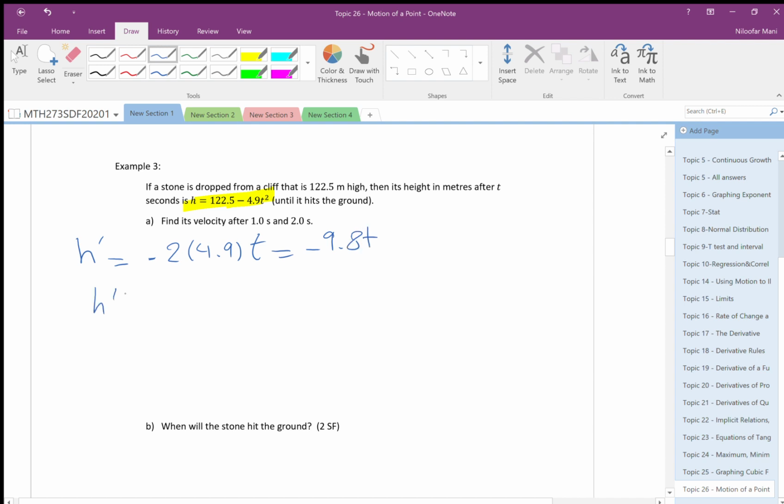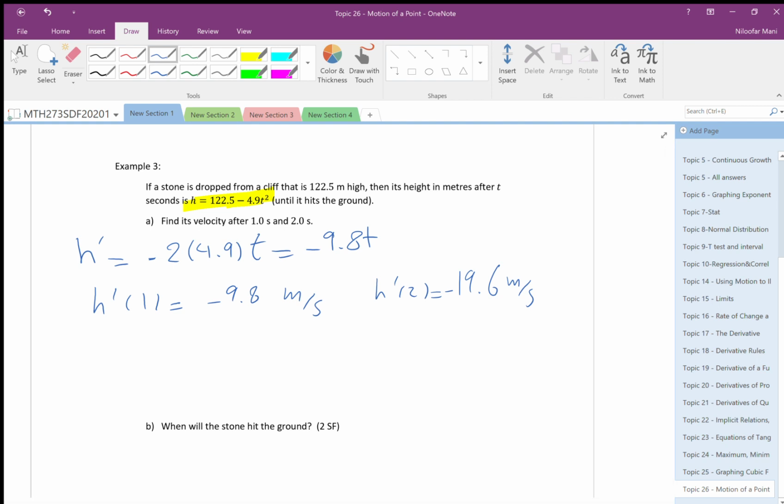Then h prime at 1 is minus 9.8 meter per second, and h prime at 2 is 9.8 times 2, which is 19.6, negative, meter per second. And why negative? Because the direction is down. So negative shows the direction.